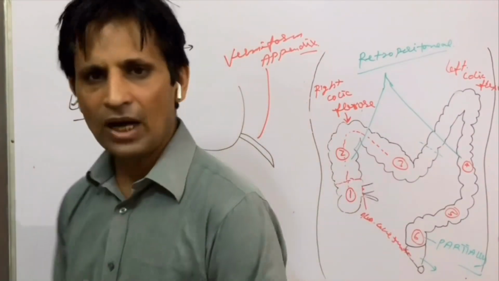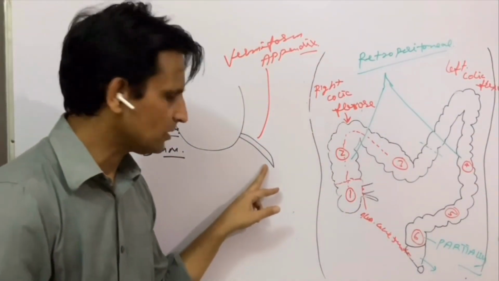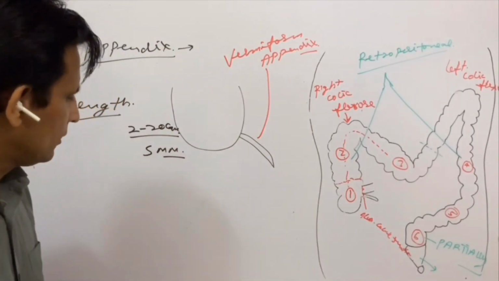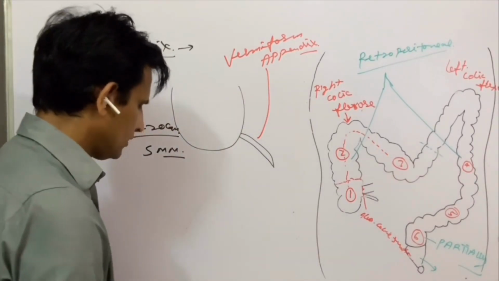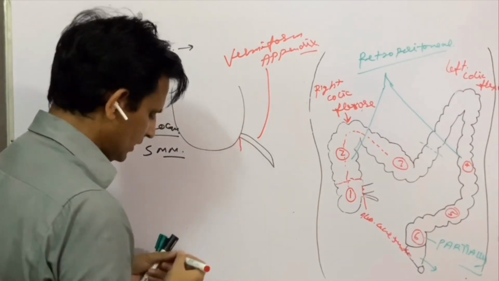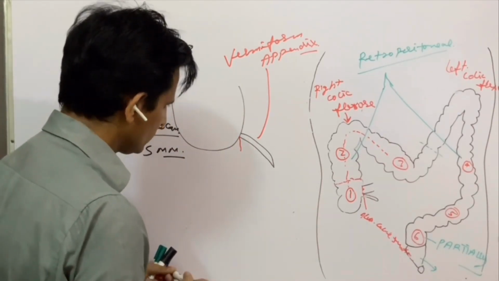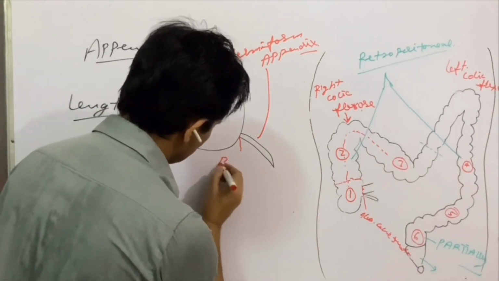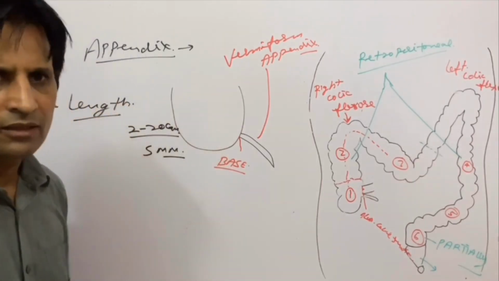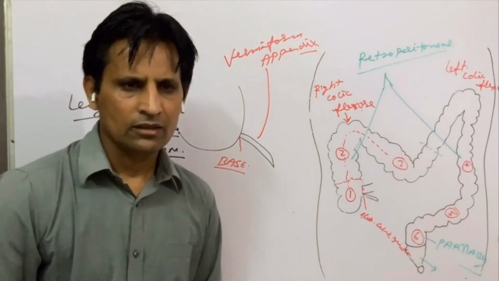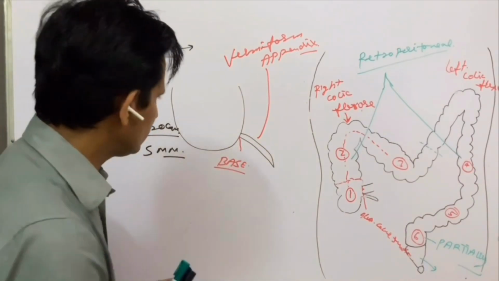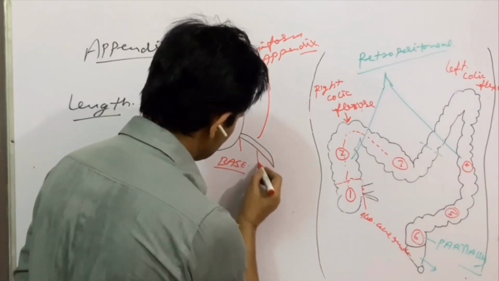What are the basic parts of this appendix? The appendix contains three main parts, right? One, where it connects with the cecum, is the base of the appendix. The second is the middle tubular portion, and that is the body of the appendix.